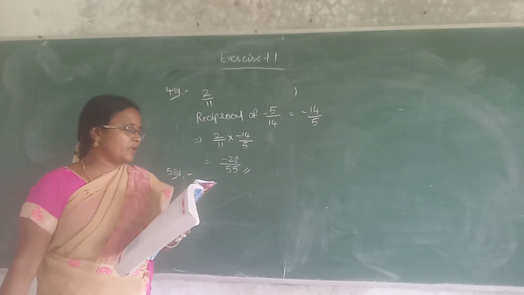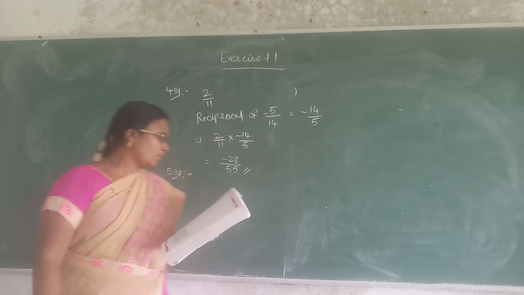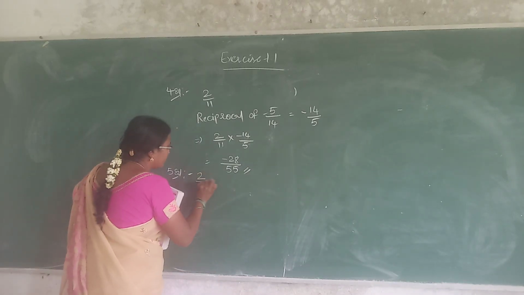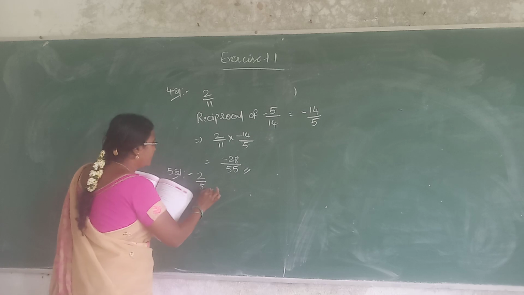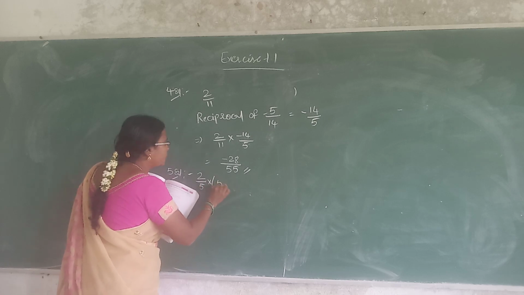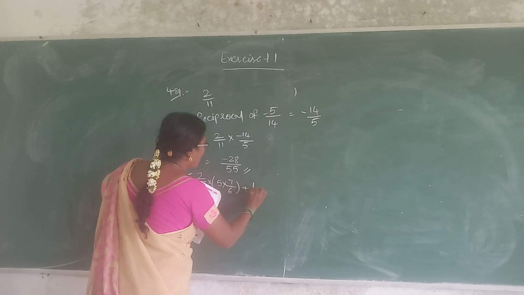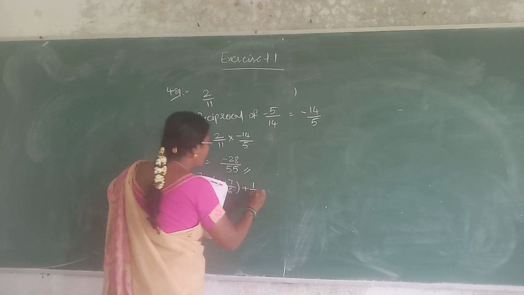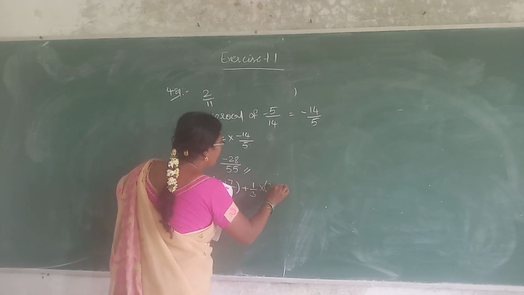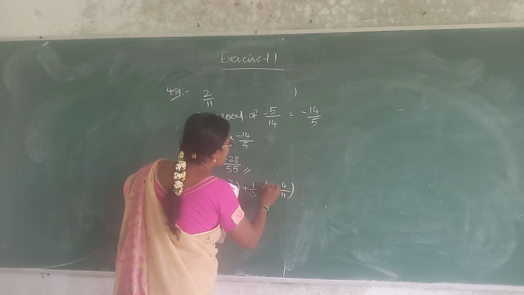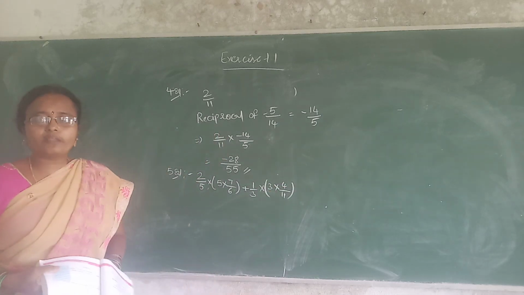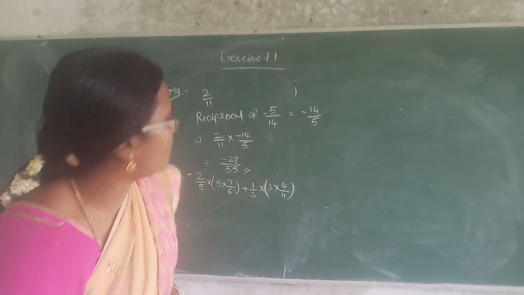Which properties can be used in computing the given problem? 2 by 5 into 5 into 7 by 6 plus 1 by 3 into 3 into 4 by 11. So, we shall see what properties are involved while solving this problem.